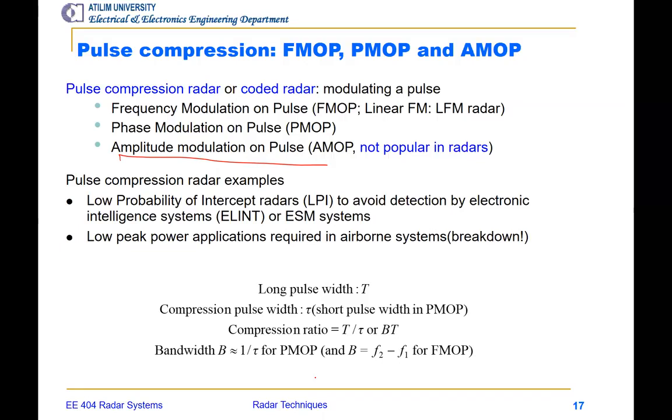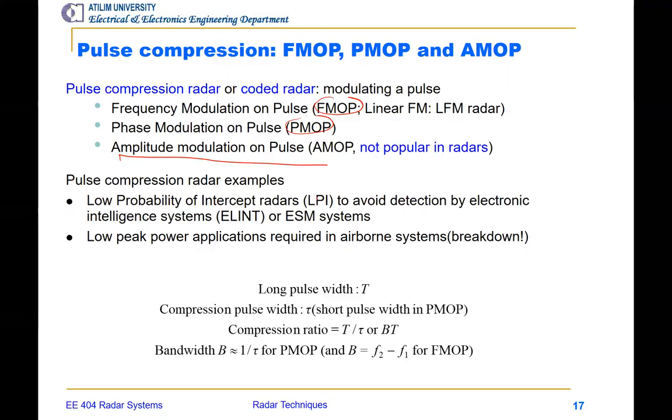We mainly use FMOP or PMOP, so frequency modulation on pulse and phase modulation on pulse. This means that we either change the frequency from sub-pulse to sub-pulse, or we change the phase from sub-pulse to sub-pulse, okay? Most of the LPI, low probability of intercept radars, are based on the use of pulse compression.